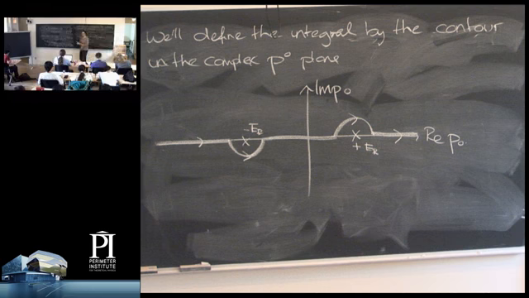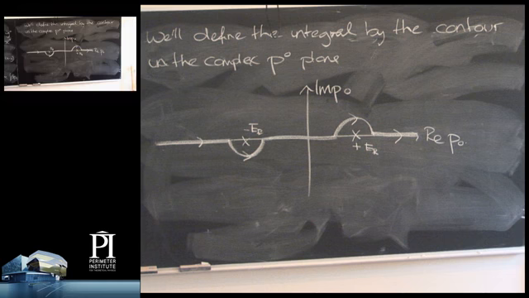Okay, so firstly, are there people that aren't happy with this idea about veering contours into the complex plane to define them? How many do we have? 4, 5.